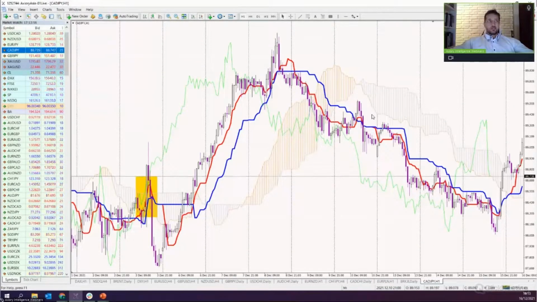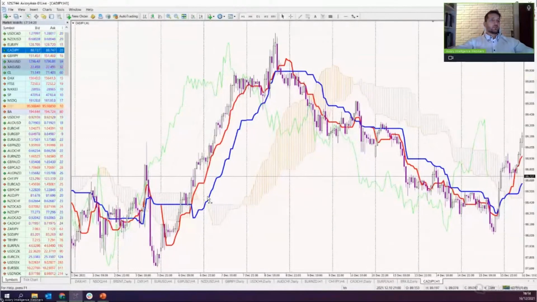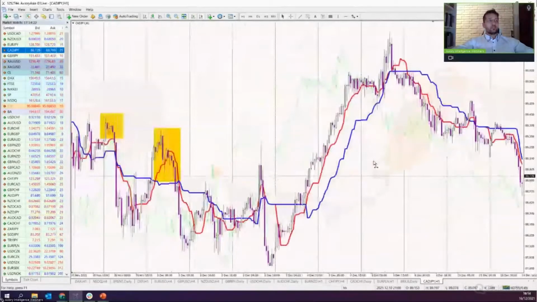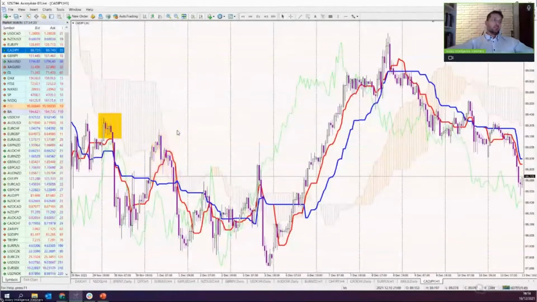You end up with a loss, and then a loss, and then a loss again. If you want to use crossings of moving averages, as I told you in our previous webinar on Tuesday, you would prefer to pick really trending instruments. Like this one has a chance to really profit, because in general the Japanese yen is really a trending instrument.